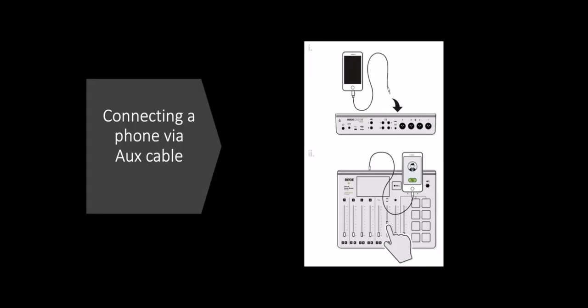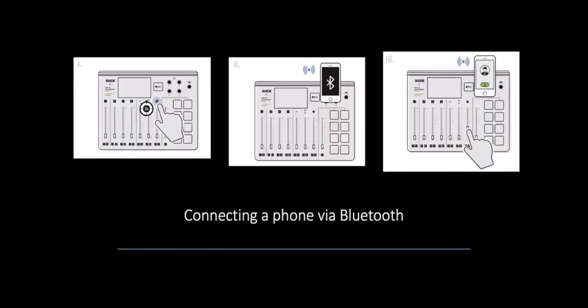You are the master of segues as well, because you can also connect your phone via Bluetooth. It's really simple to do. All you have to do is you'll see that there's this blue button that has the Bluetooth signal that also has a fader. You're going to push it for 3 seconds, and then you're going to open up your phone and go to the settings on it to where you can get a Bluetooth connection, and you're going to connect to the Rodecaster.